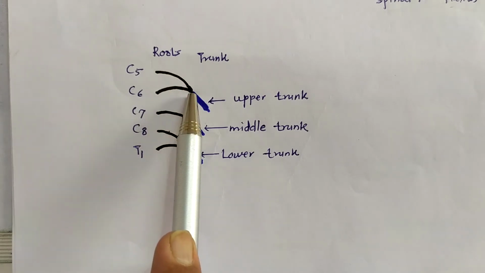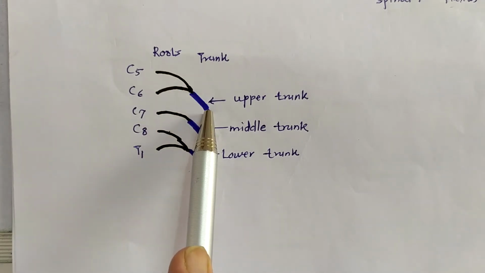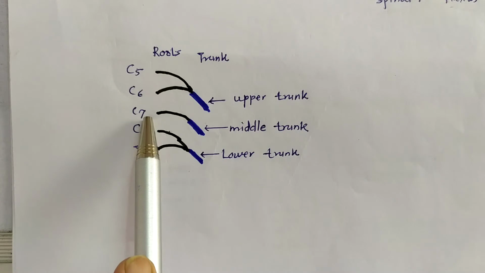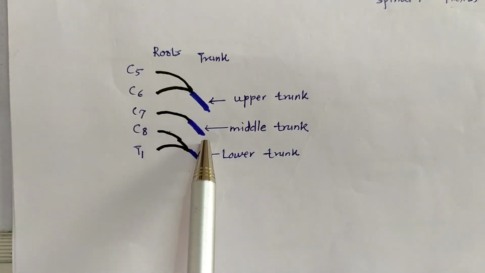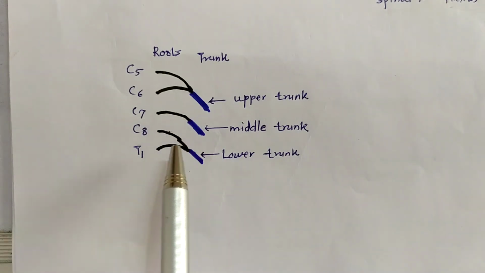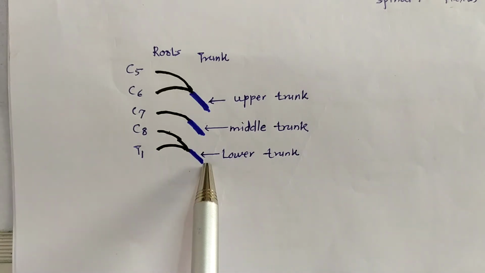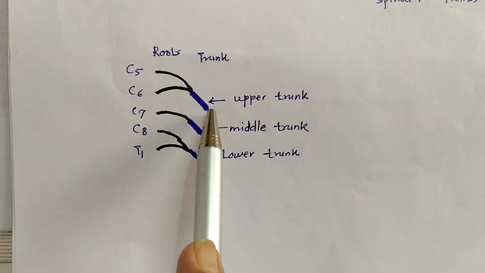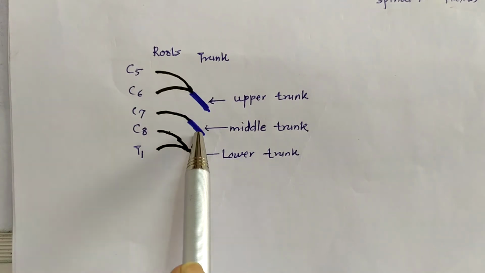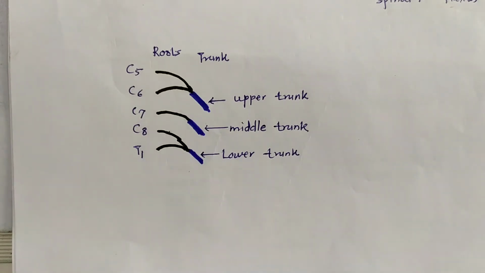C5, C6 join to form upper trunk. C7 continues as middle trunk, and C8 and T1 join to form lower trunk. So there are three trunks: upper trunk, middle trunk, lower trunk.